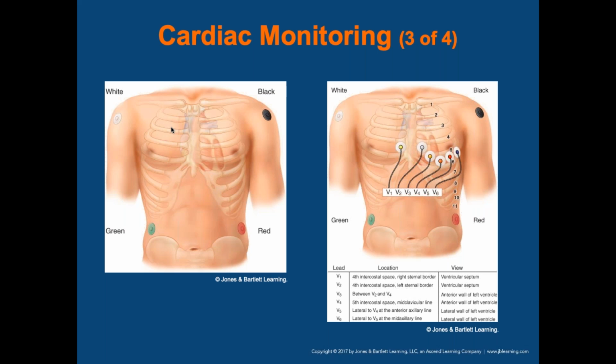V6 will be fifth intercostal space, mid axillary line. And then you put V3 between V2 and V4, and V5 between V4 and V6. Good way to remember it. Again, it's going to be pretty much hands-on stuff. I have to certify you guys on this anyway for both states.